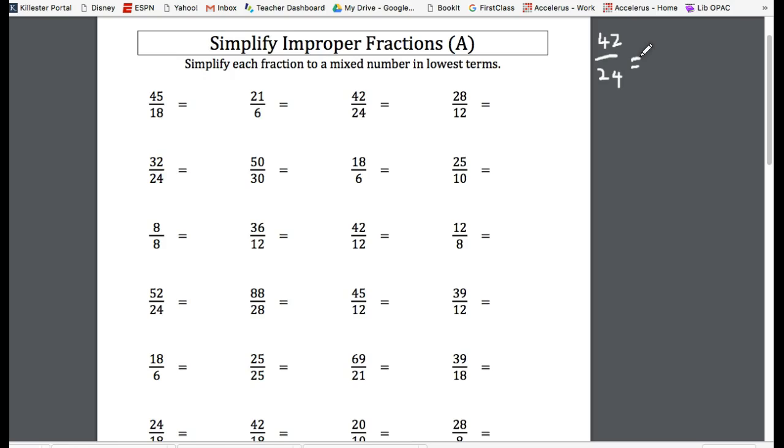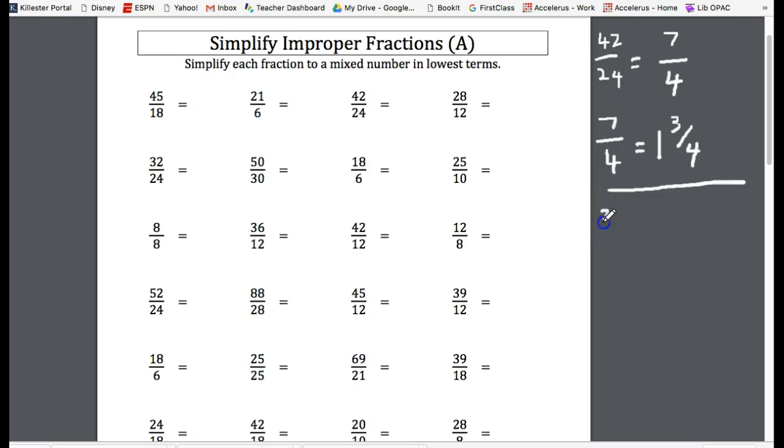I think that might be the highest. So I have 7 over 4. How many 4s go into 7? There's 1. And what's remaining? 3. So 1 3/4. You can put 1 3/4 here.